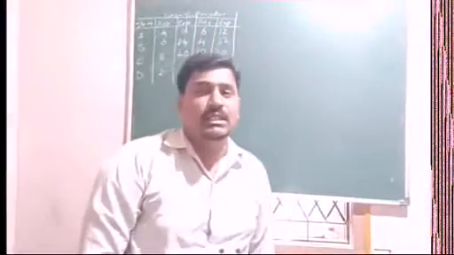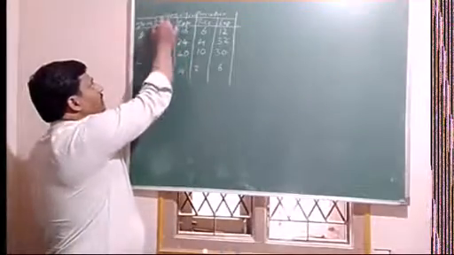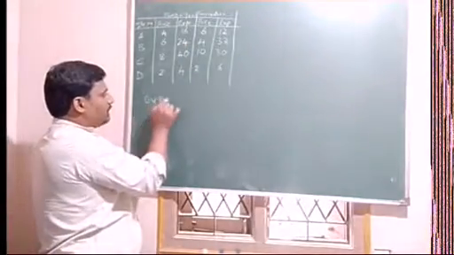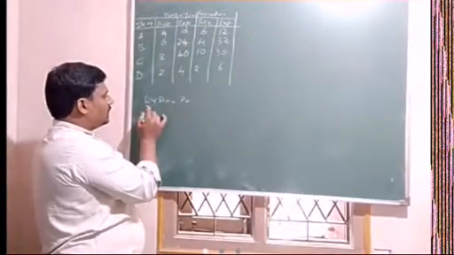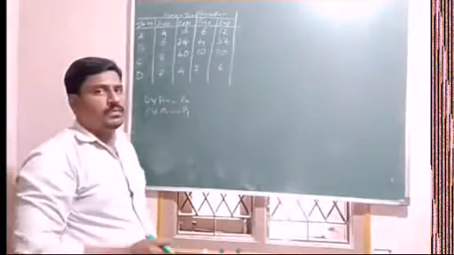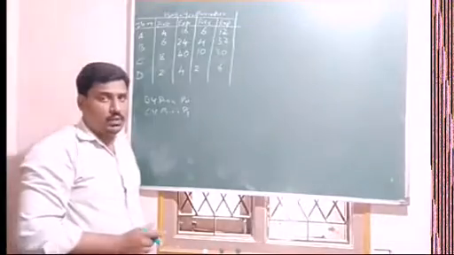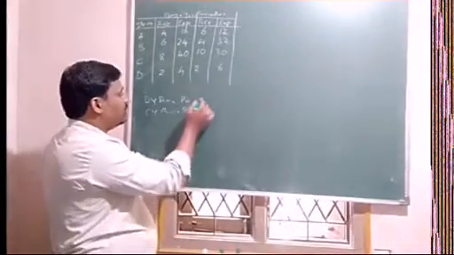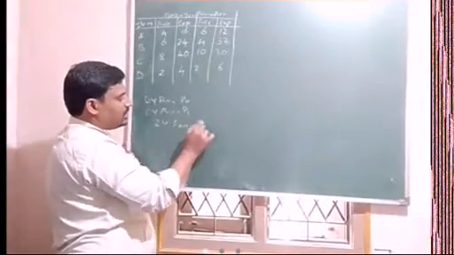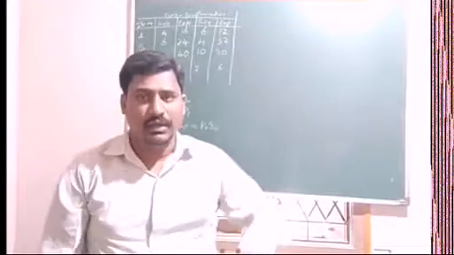If you name base year price as P naught, current year price P1, base year quantity as Q naught and current year quantity as Q1, then base year expenditure is nothing but P naught into Q naught, that is base year price into base year quantity.